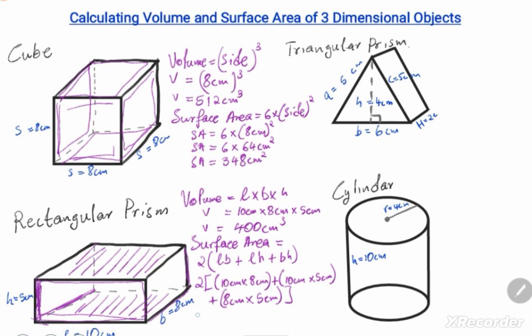So now for the surface area we will have 2 into 80 centimeters squared plus 50 centimeters squared, plus 8 times 5 is 40 centimeters squared as well. So from here the total will be 340 centimeters squared.